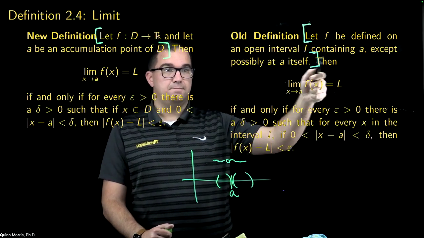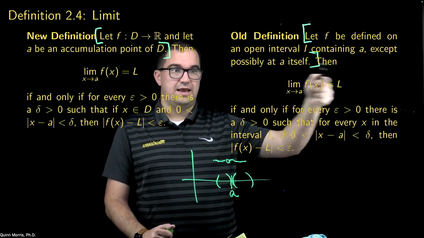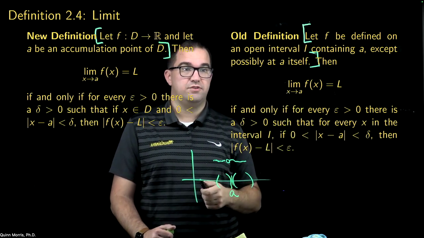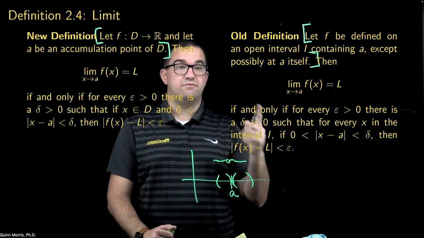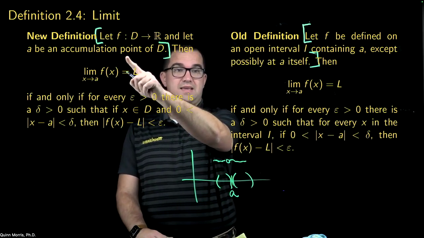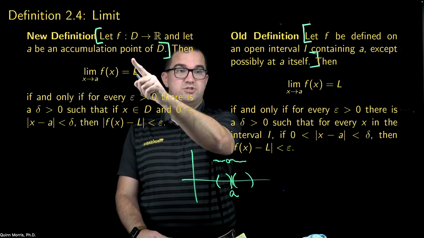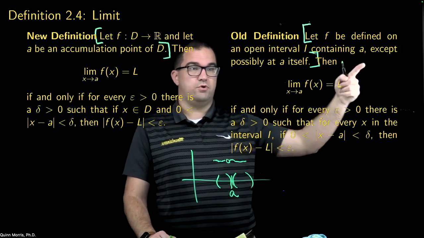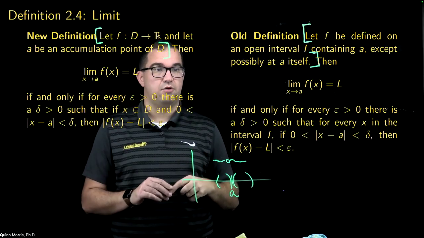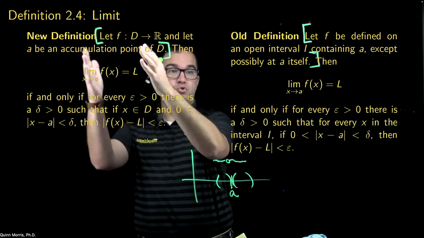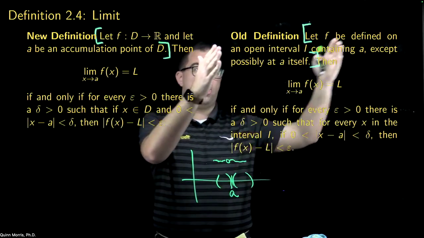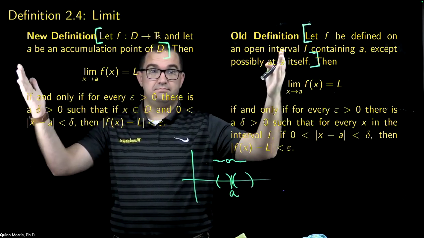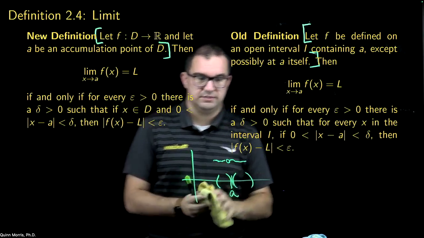If f is defined on an open interval containing A except possibly at A itself, then A must be an accumulation point of the domain. However, the converse is not true. It's not the case that if A is an accumulation point of your domain, then your function f will be defined on some open interval containing A, except possibly at A itself. So what we see is that this new definition generalizes. It takes all of the cases that this definition covers and expands them to an even larger set of cases.